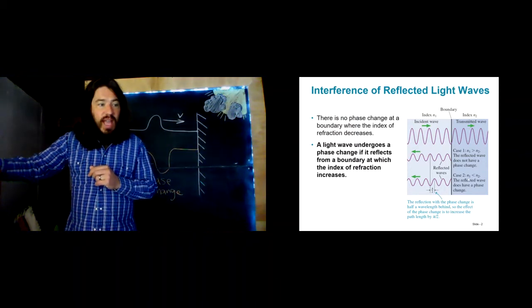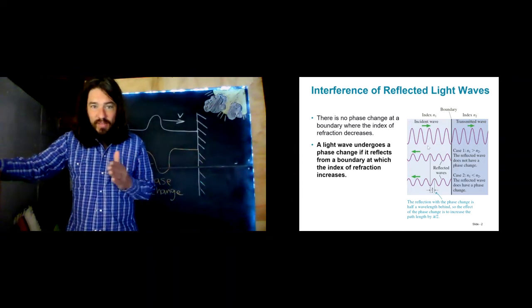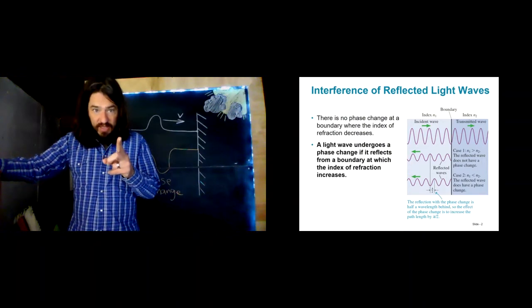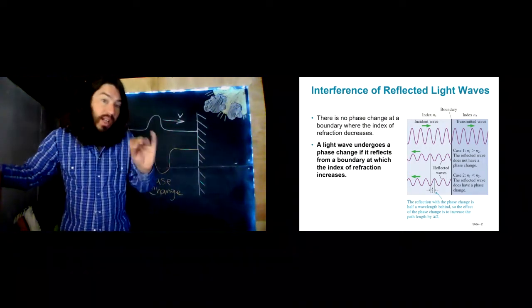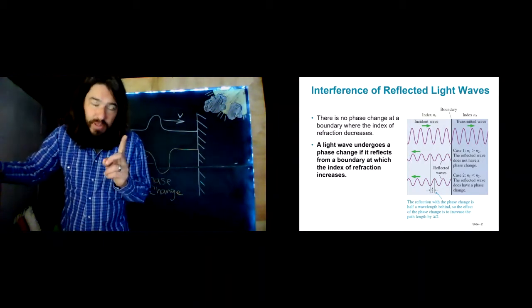If, however, N1 is less than N2, this side has a greater N than this does. Now we are reflecting off of a boundary going low to high. There is a phase change. Okay, so that's the first thing we have to wrap our brain around in order to get through the problem-solving strategy of thin films, okay?